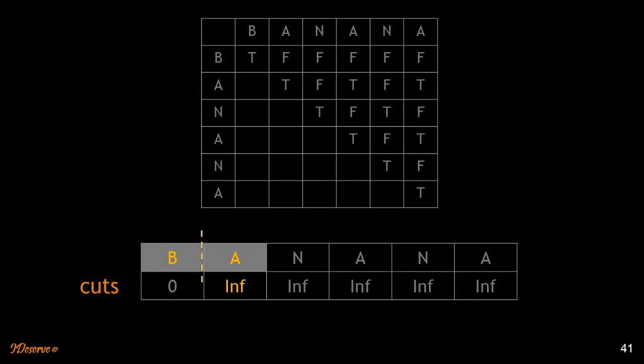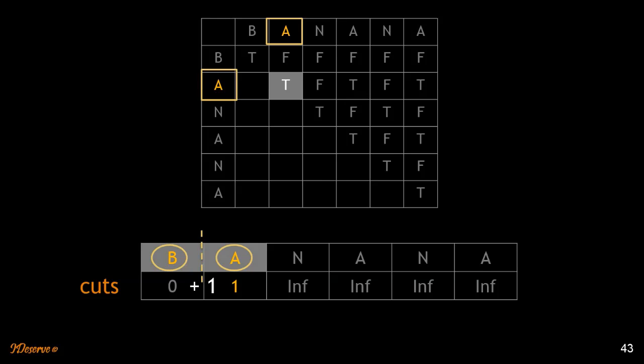We are going to cut it here and see that it's split into two parts, B and A. We already know the number of cuts required for B, which is stored here, which is 0, and for A we need to check if it is a palindrome, so we'll check from the table. It is a palindrome. From the table, this cut is useful for us, so we need to keep this cut. The number of cuts for the whole string BA is 0 plus 1.